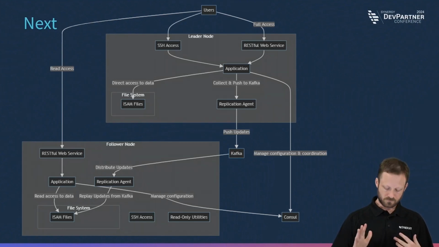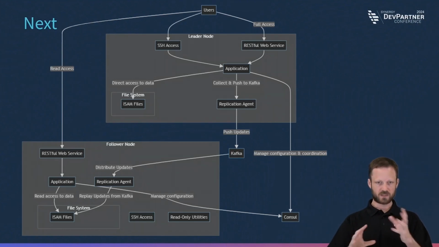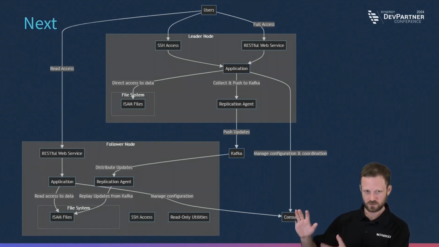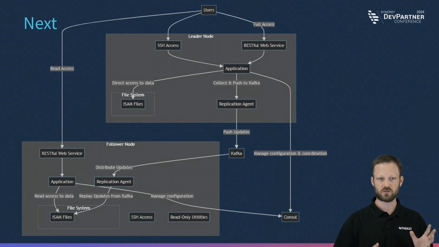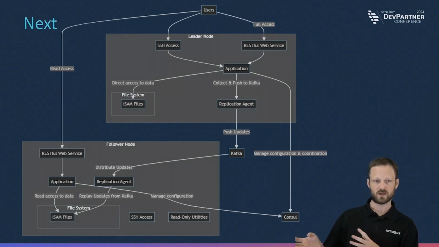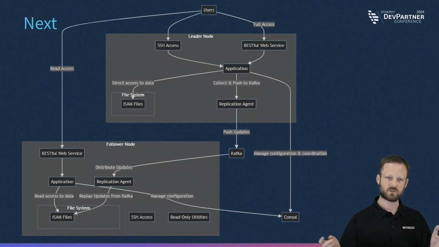So all of that replicated data makes it out into Kafka. And then the failover node, the one that's not a leader, the follower node, it's connected to that same queue, and its agent is now doing replication.